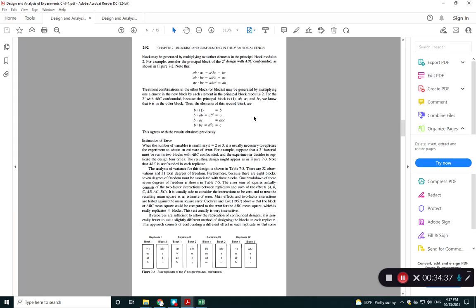Okay? And the other thing is this. When you have 2 things, you confound it, okay? And you can tell AB, AC become A squared BC. And remember, this is based on the -1, +1 expressions. A square, -1 square, and +1 square, are the same.